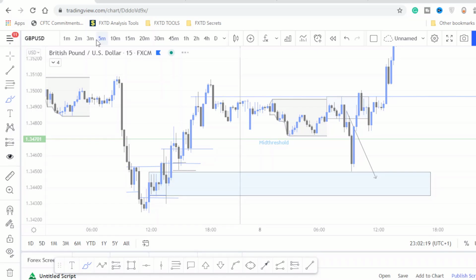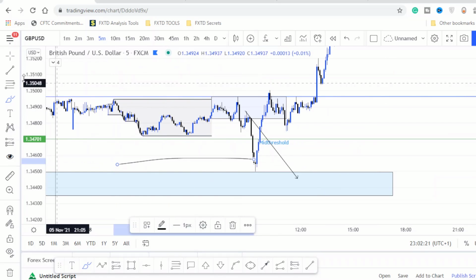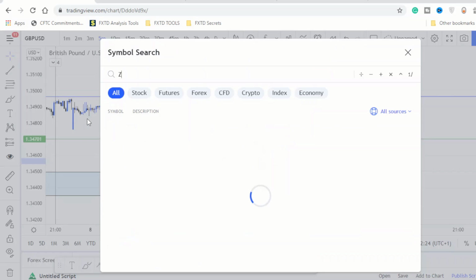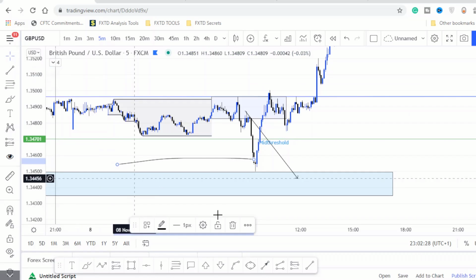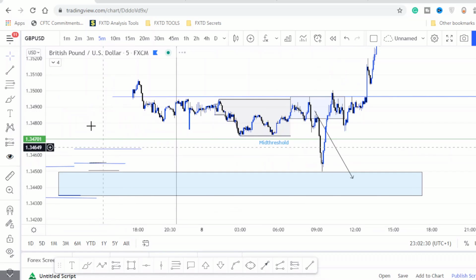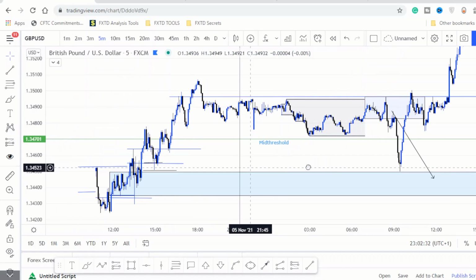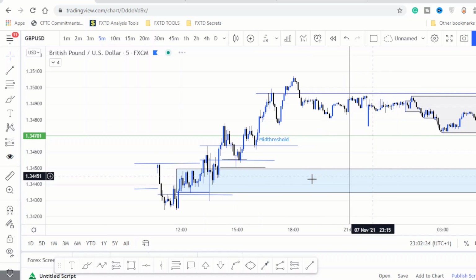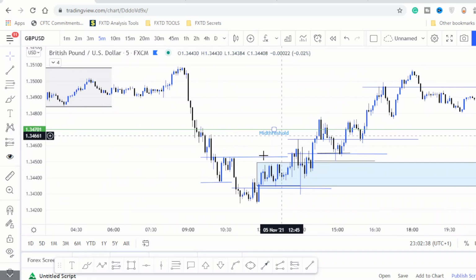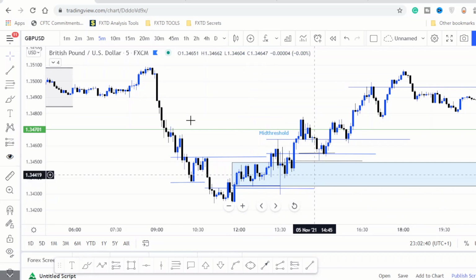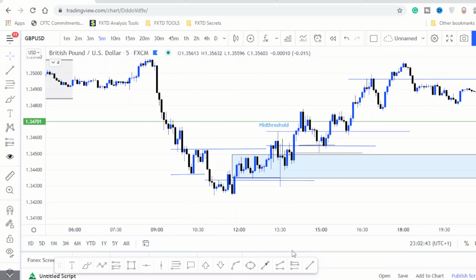If we go to the 5 minutes, I think we'll be able to see it more clearly. It's clear here, right? Now there are two types of liquidity which I'm seeing here currently.